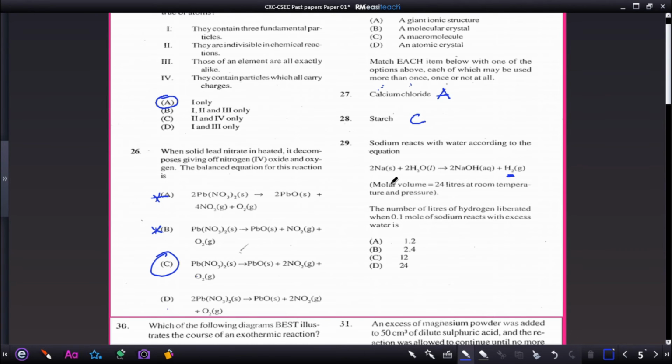Now, based on the equation, we were given 0.1 moles of sodium. So let us look at the mole ratio between sodium and hydrogen gas, which is 2 to 1. And there are 2 moles of sodium. So what's the mole of the hydrogen gas?